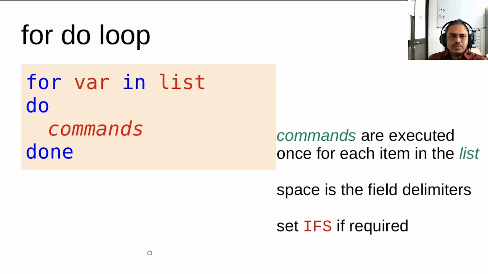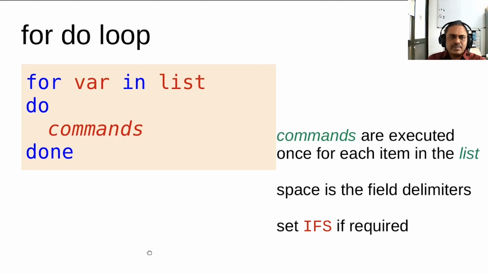Now there are a lot of loops that are available for you to think of a structured way of programming within bash. These can be compared with the corresponding loops of the C language, very similar in their behavior. So there is a for do loop, and for var in list. So list would be a set of words that are separated by a space, one or more spaces, and the var will be assigned values one after other which are available in the list, and then the commands are executed.